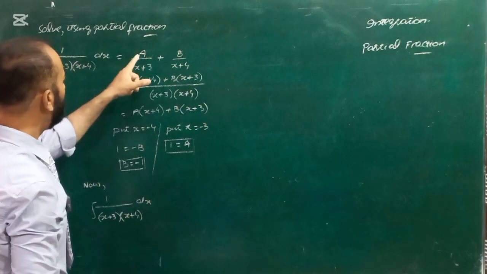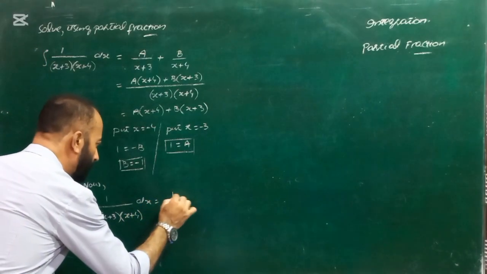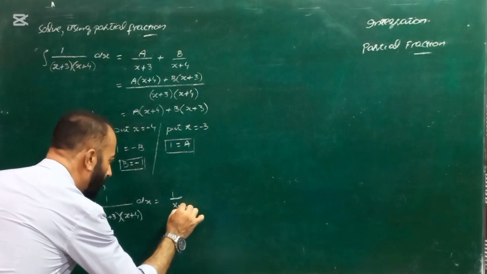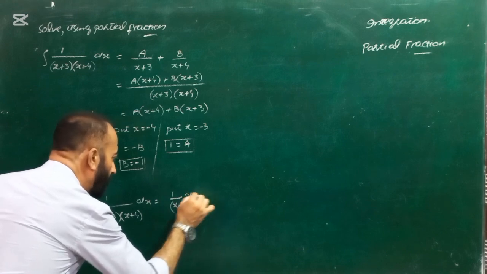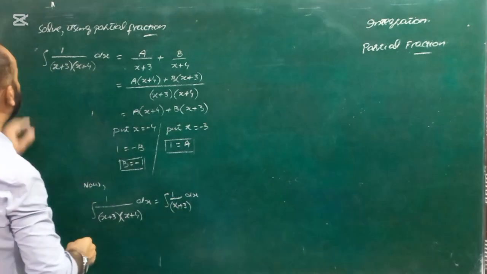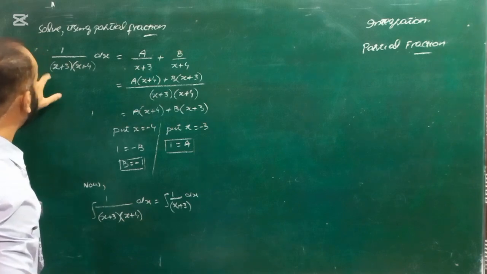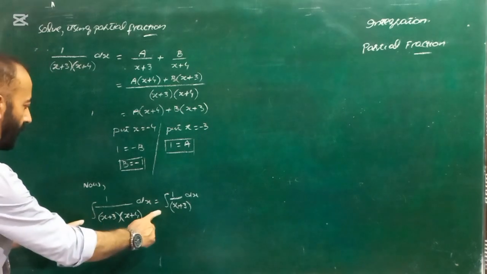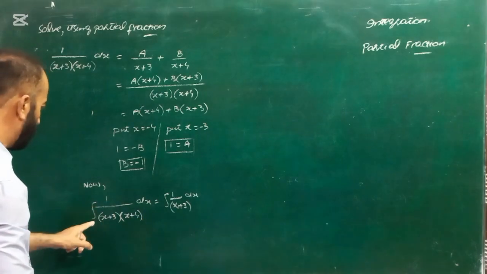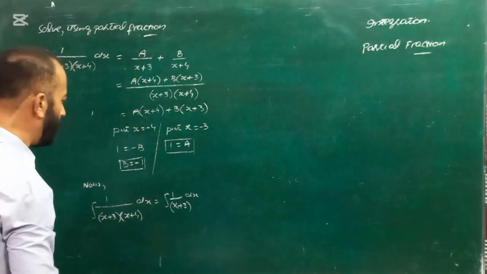So a is 1, so 1 over x plus 3. Sign of integration. So we will let this thing equal to this. So now we are going to take the integral of both sides. So now we will put sign of integration on the left side as well as on the right side.